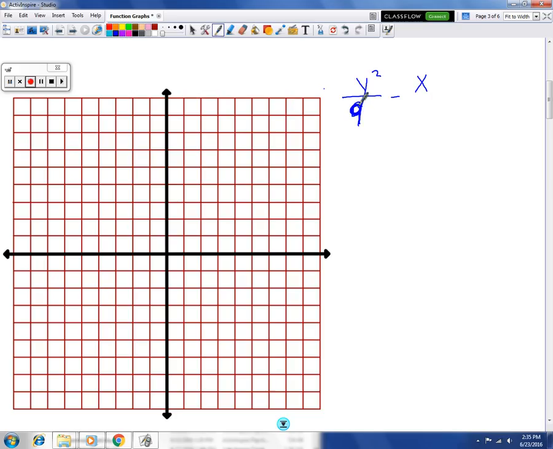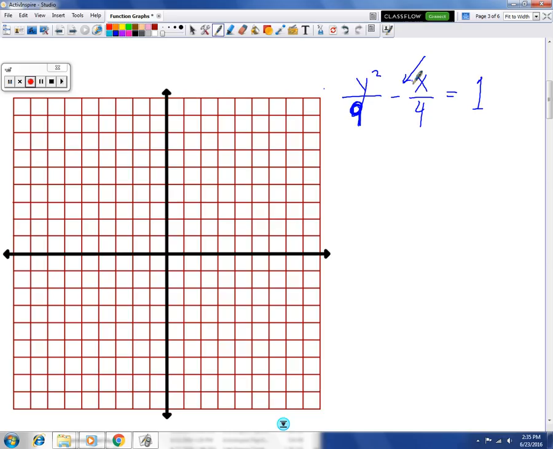You're supposed to have the bigger denominator first on these. When you're doing ellipses, it doesn't matter, when you're subtracting.